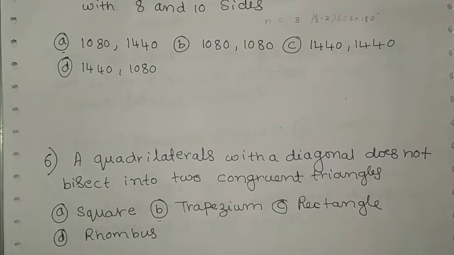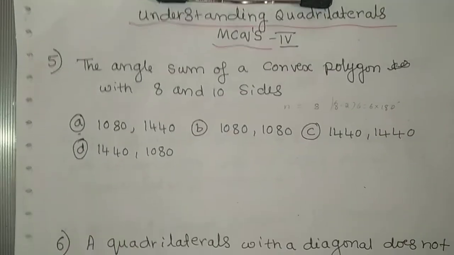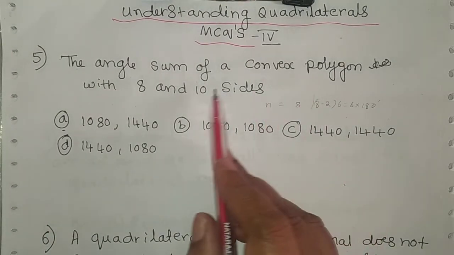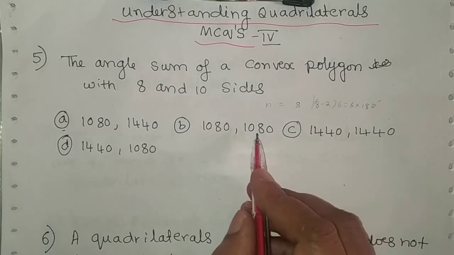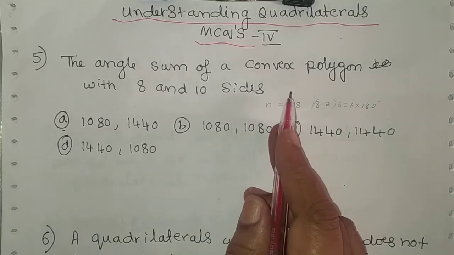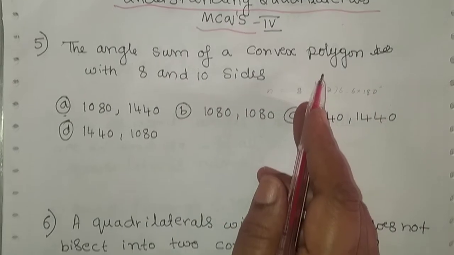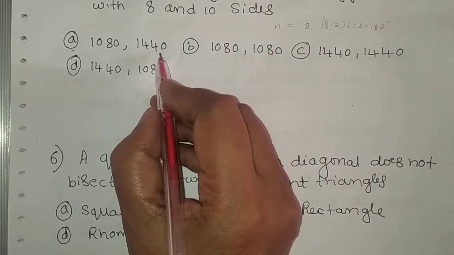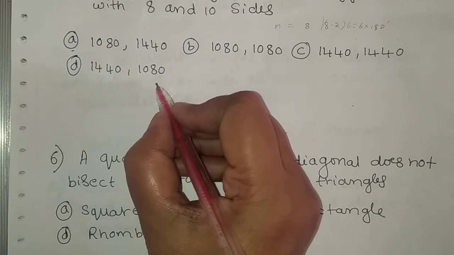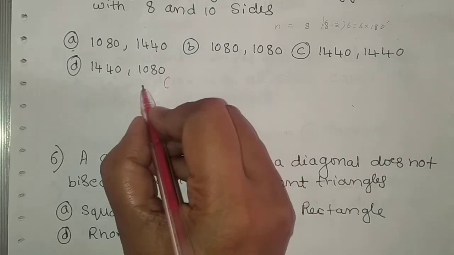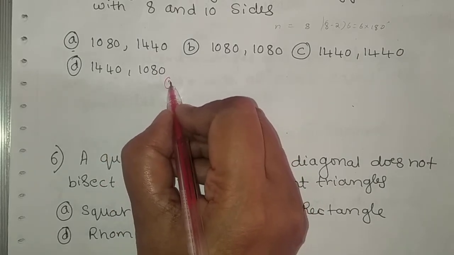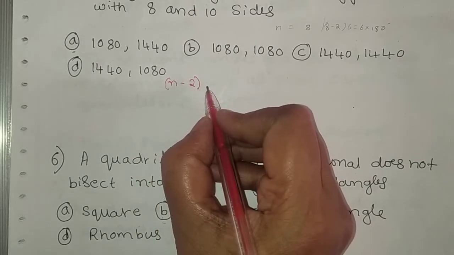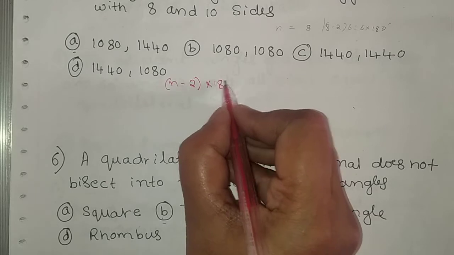So we move on to the next one. The next question is, the angle sum of a convex polygon with 8 and 10 sides. Two sides are given. For this we have the formula, n minus 2 into 180 degrees.